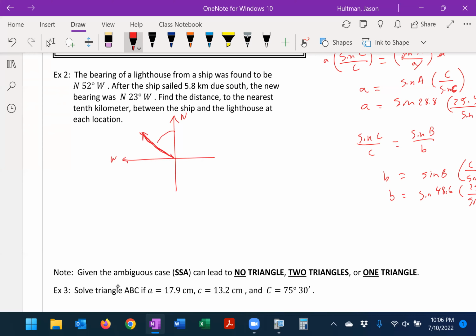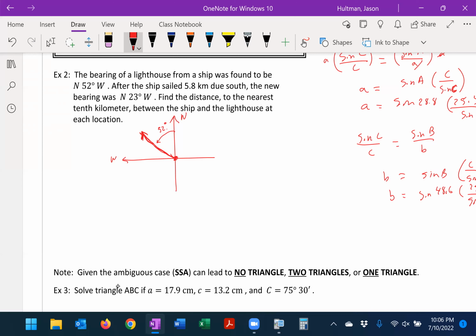From north, we're going 52 degrees west.